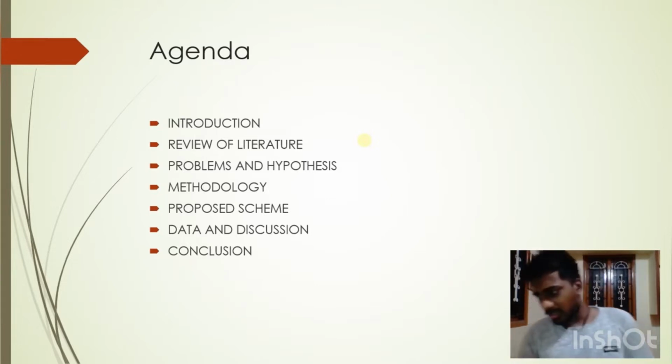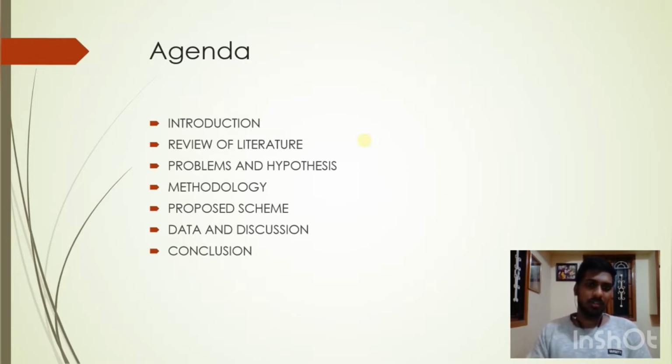Problems and hypothesis: what are the problems faced, and what problems must be overcome through this? These are the two sectors in which we are going to see the problems and hypothesis. The methodology means the basic methodology, because we are very new to this topic.